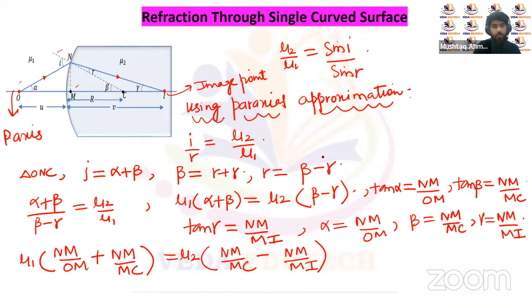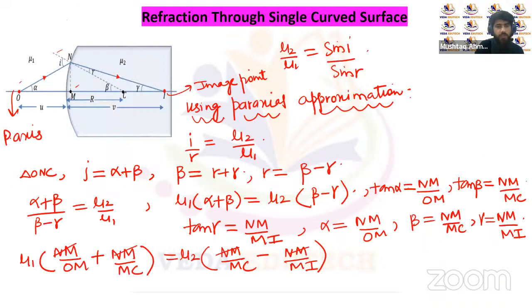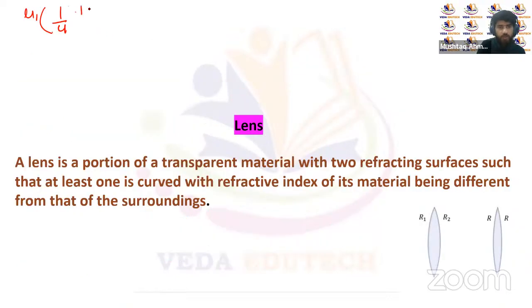Now from here, NM and NM will get cancelled on both sides. OM is the object distance, so we can write OM as u. So mu1 times 1 upon u, and MC will be written as r, plus 1 upon r, that's equal to mu2.